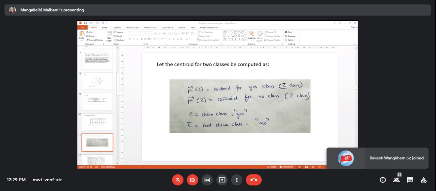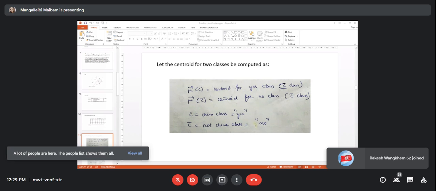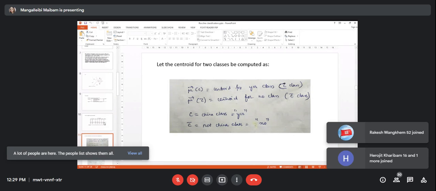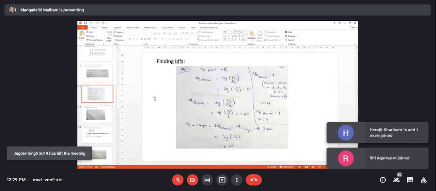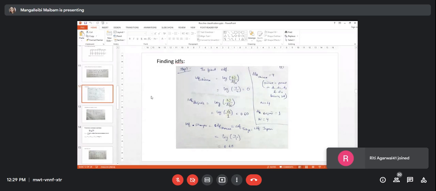So the centroid values are calculated, and this calculation will be done in the later slides. The first step is to find our IDF, inverse document frequency. Using the same example, it is log n by document frequency for that particular term.